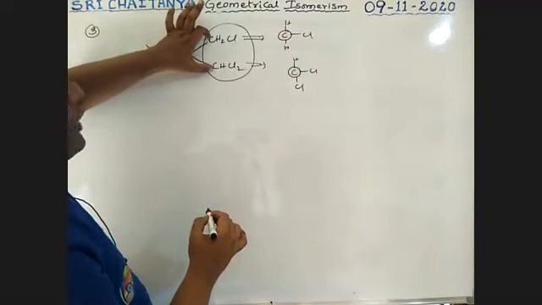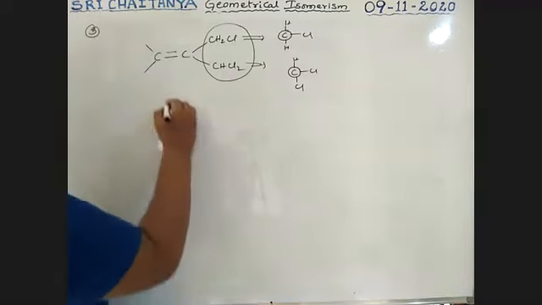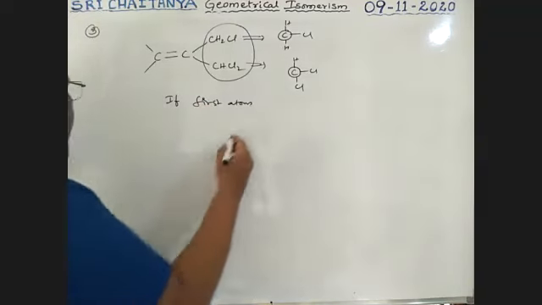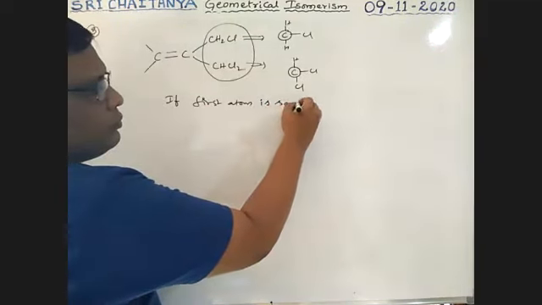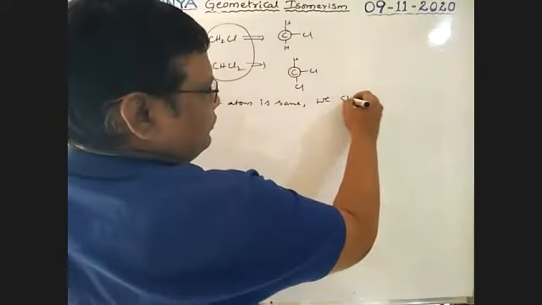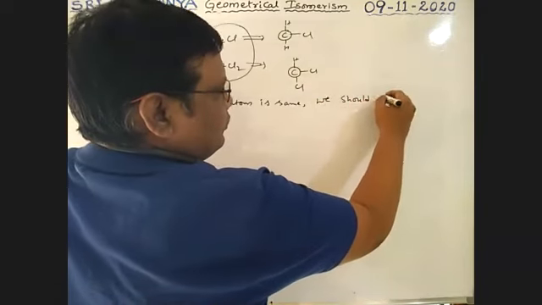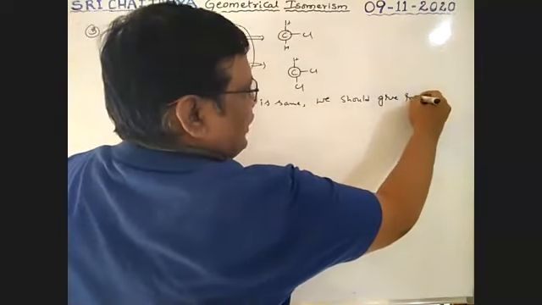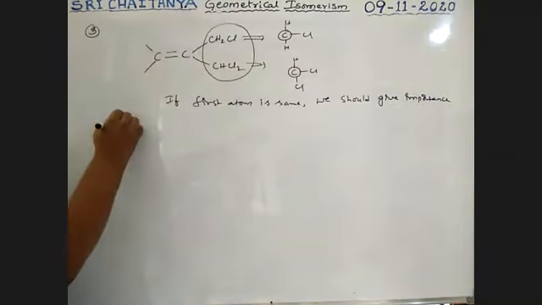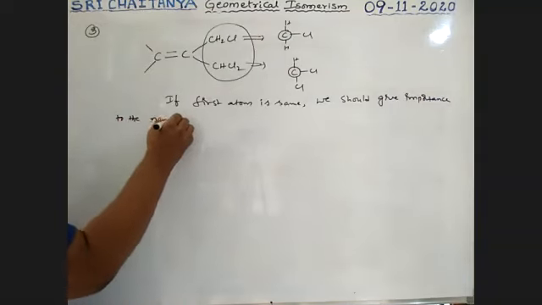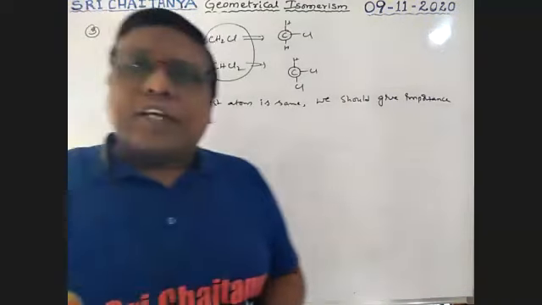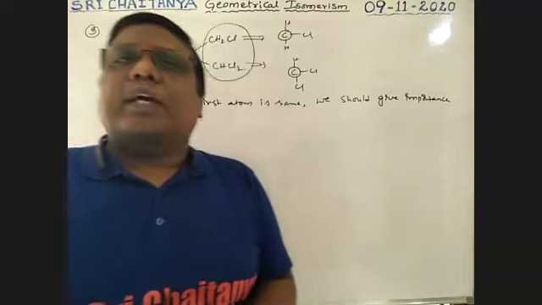If the first atom is the same, we should give importance to the next atom. If the first atom is the same, we should give importance to the next atom.